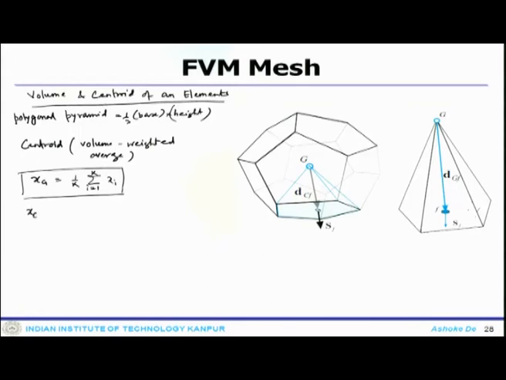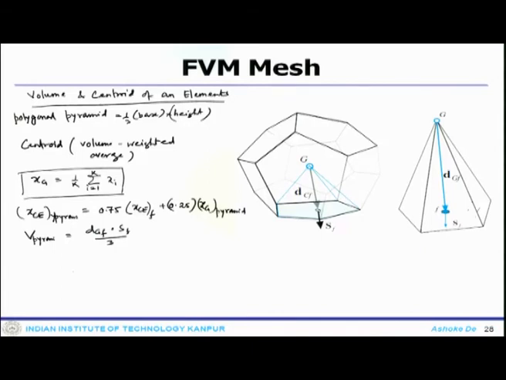So, the x_C for the pyramid is 0.75 into x_CF plus 0.25 into x_G of the pyramid, and the volume of the pyramid would be d_Gf dot S_f by 3.